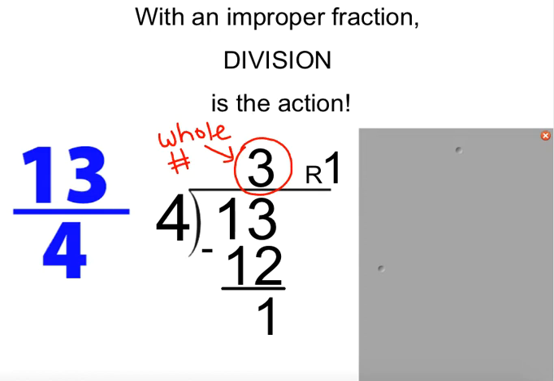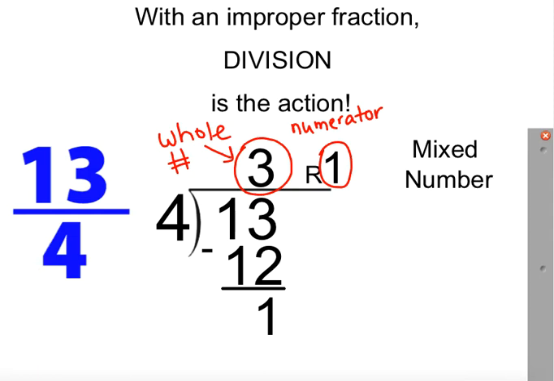So right now we have 3. Now I'm looking for the fraction part of it. So the remainder becomes the numerator of the fraction. And that's all we need to know because the denominator always stays the same. So we get 3 and 1/4.